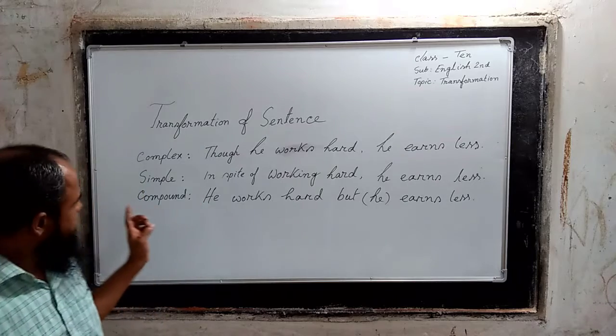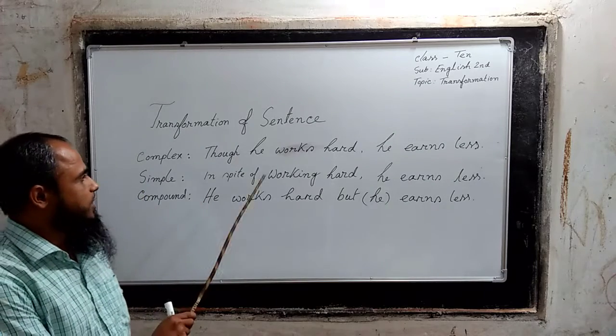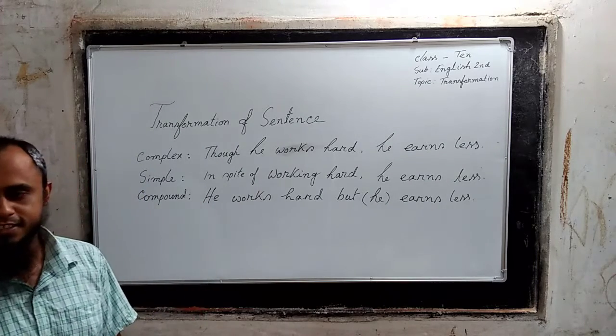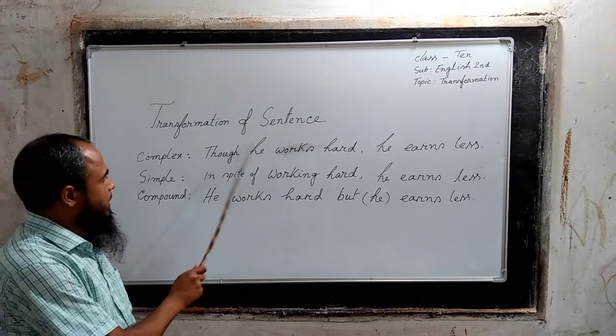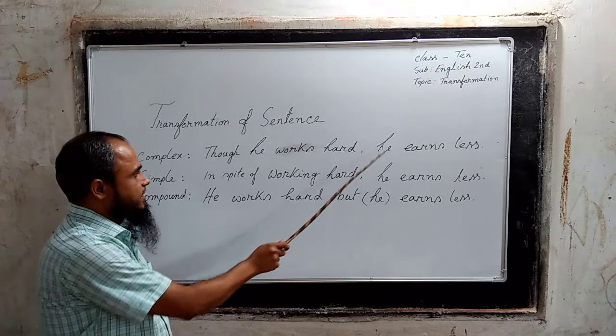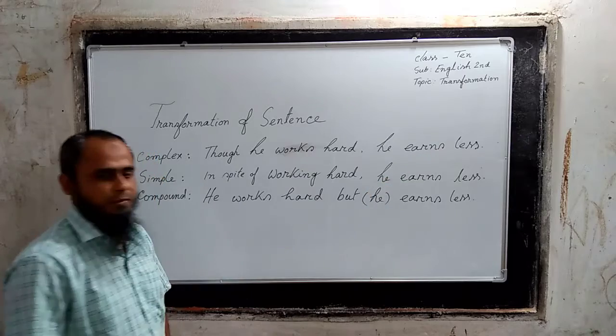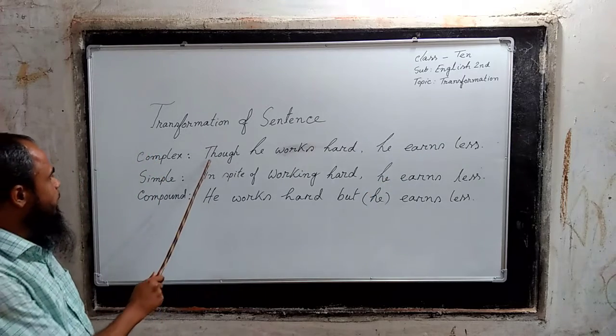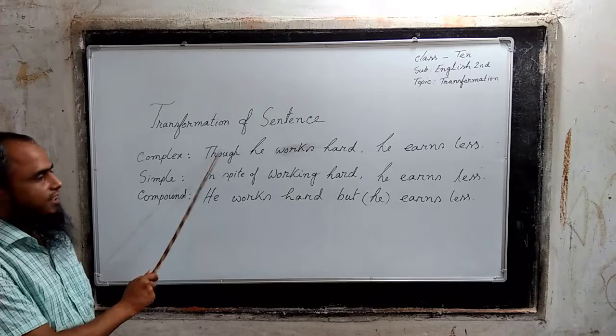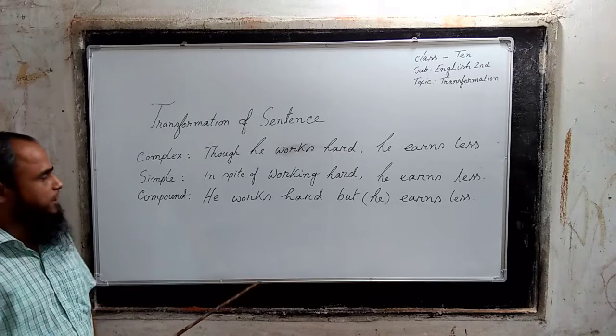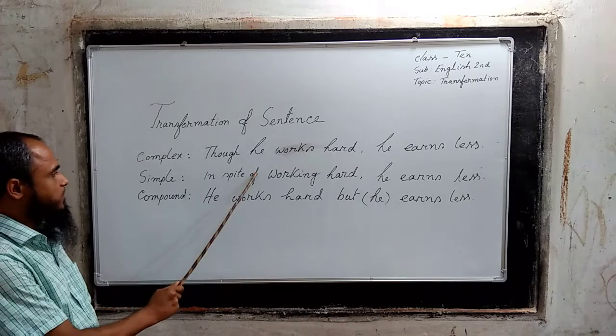In this complex sentence: Though he works hard, he earns less. That means if you find though in a complex sentence, then if you are told to make it simple, you have to use in spite of.